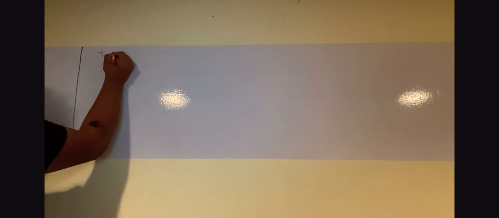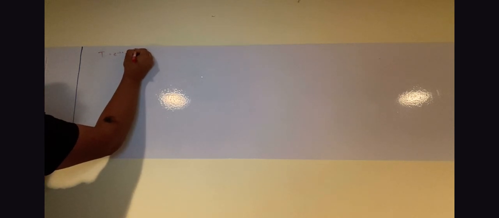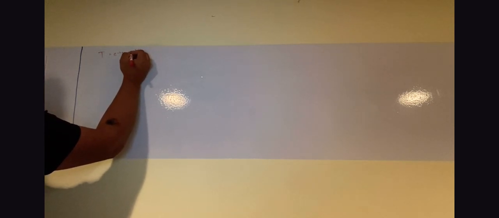So we have T, hope you can see, is equal to e to the negative alpha k squared t times e to the ikx.